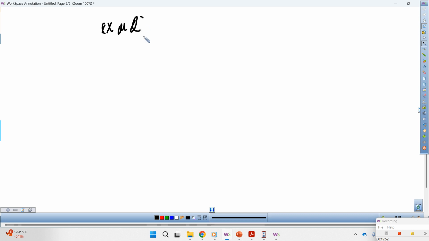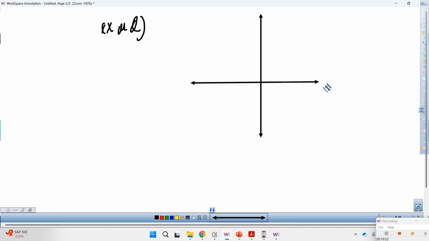Mega Q. All right. So, f of x equals 2 to the x.